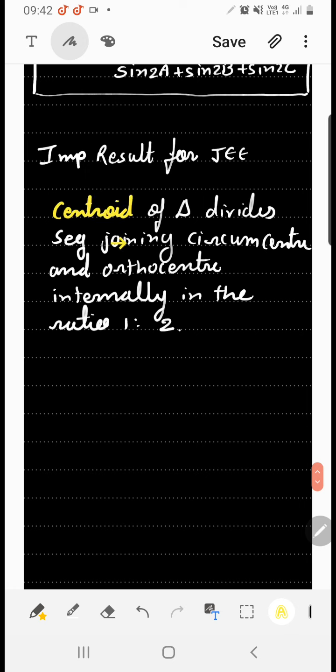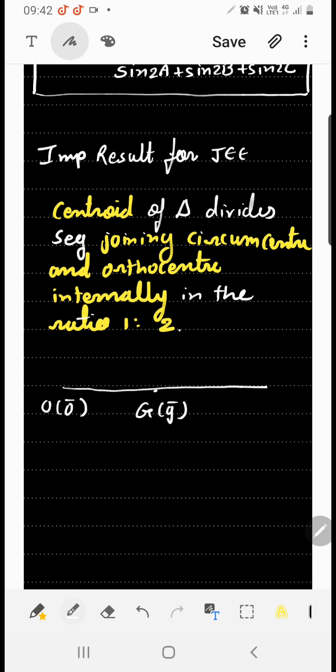Remember, who divides? Centroid divides the segment joining circumcenter and orthocentre internally in the ratio 1:2. Okay, so if I show this diagrammatically, a segment is there. Who divides? Centroid G. To whom does it divide? Circumcenter, whose notation is O bracket O bar, and orthocentre, whose notation is H bracket H bar.